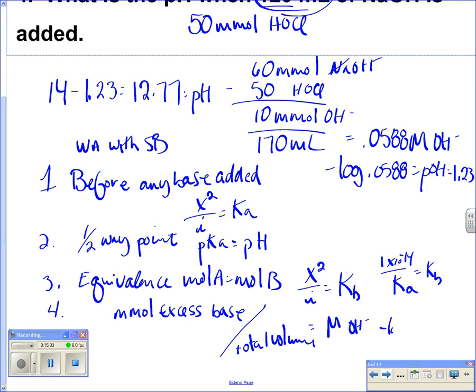So I can minus log the OH minus and find pOH, and 14 minus pOH is equal to pH. Now remember, you also have to do that on the equivalence because this X is equal to OH minus at the equivalence point. So that's just how to do a titration.